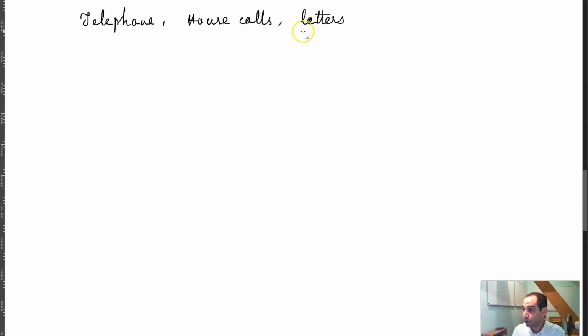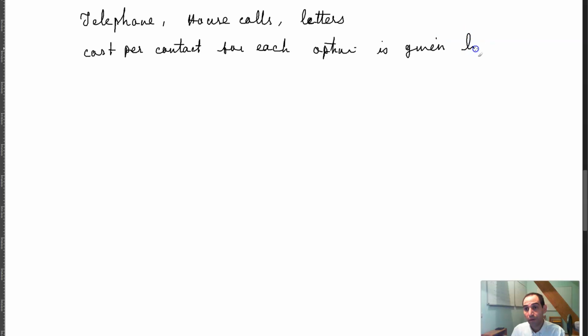Now the cost per contact for each option is given by A, which is equal to this matrix: 40, 100, 50.